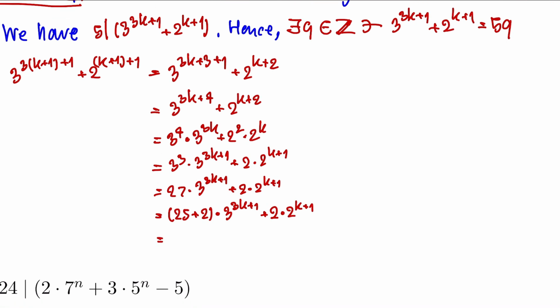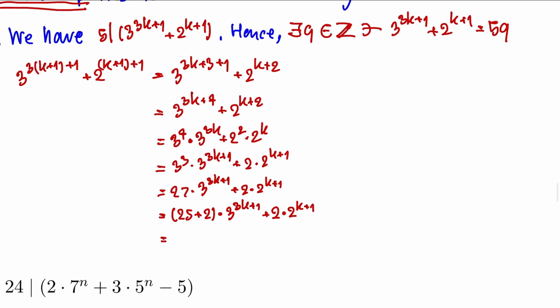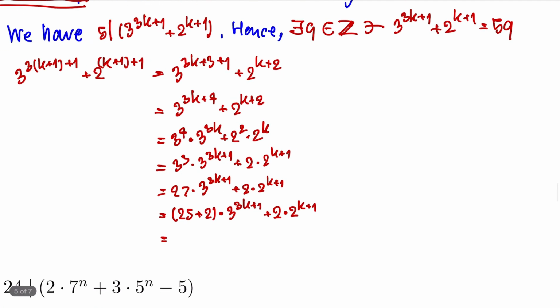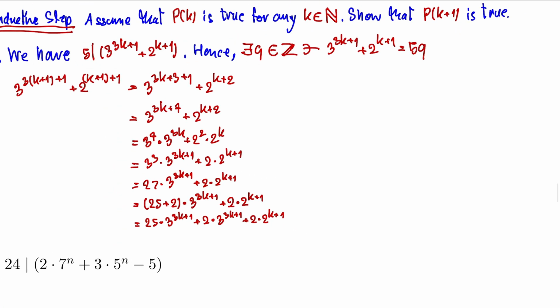And then what do we have right here? We're going to have 25 times 3 to the 3k plus 1 plus 2 times 3 to the 3k plus 1 plus 2 times 2 to the k plus 1.